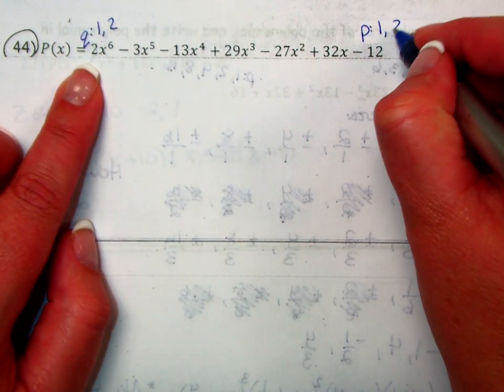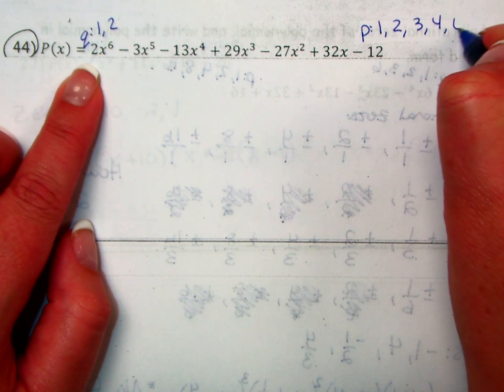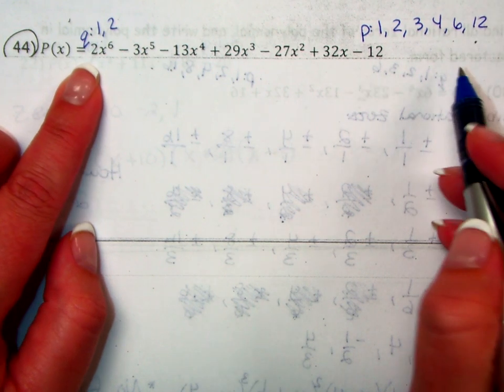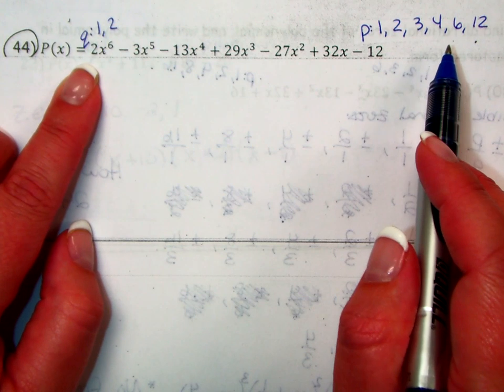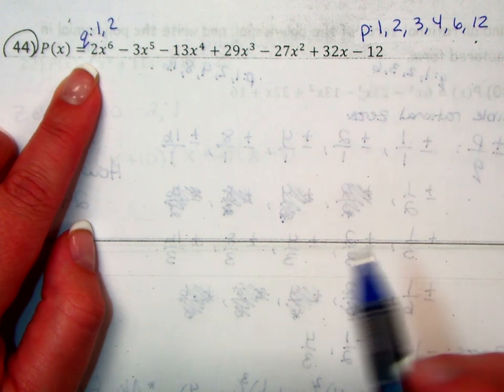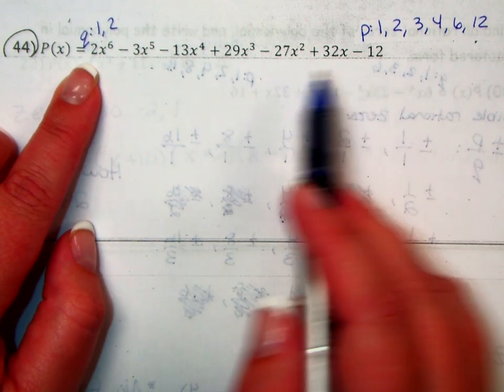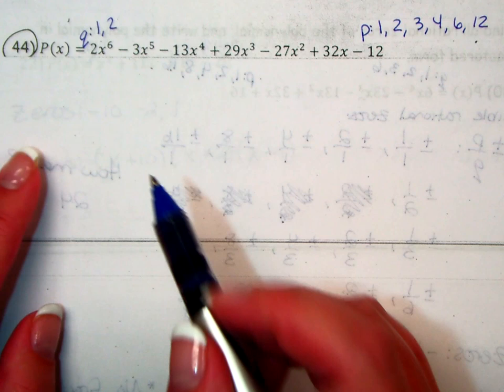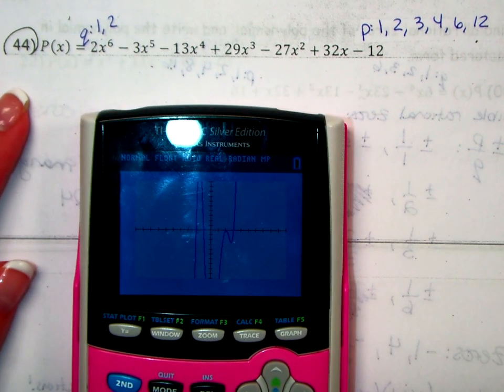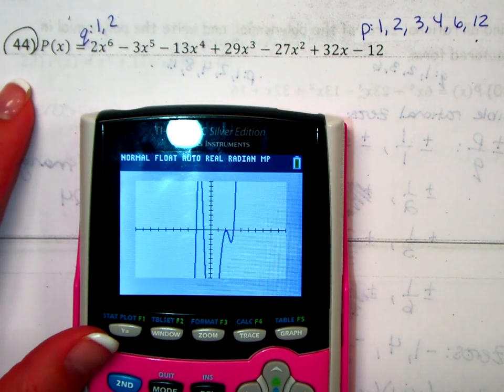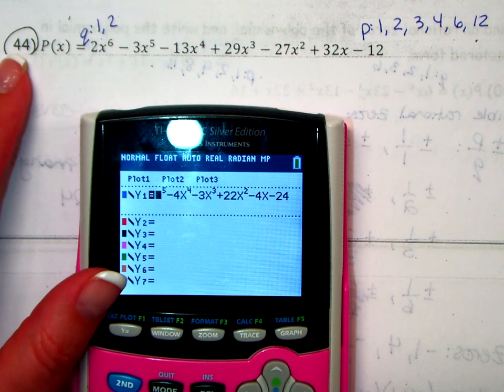All right, 1, 2, 3, 4, 6, 12. So we could put all the p's over 1, all the p's over 2, and come up with that list. But since they're either whole numbers or halves, I think it's pretty easy to spot those. So I'm going to go ahead and graph it.